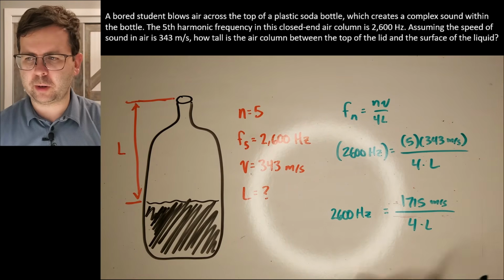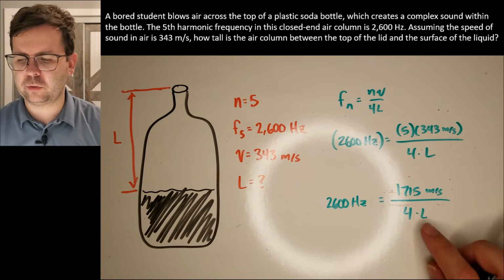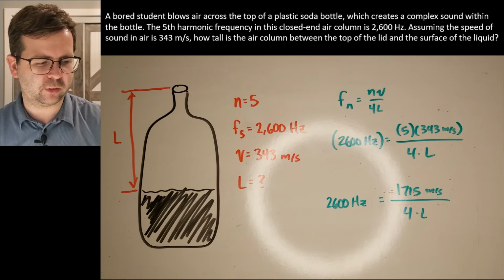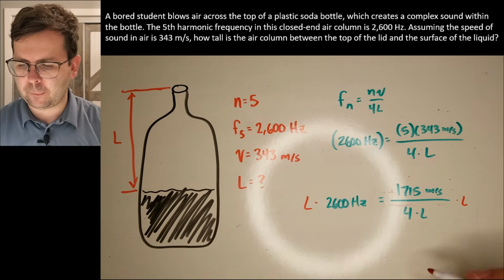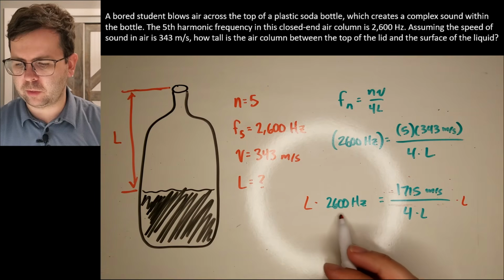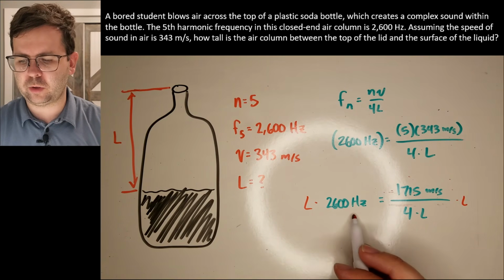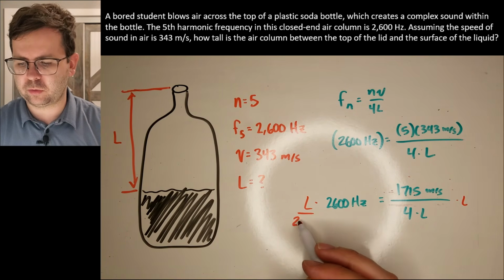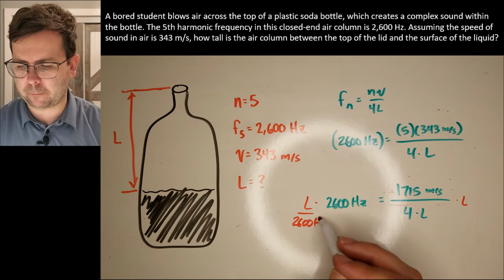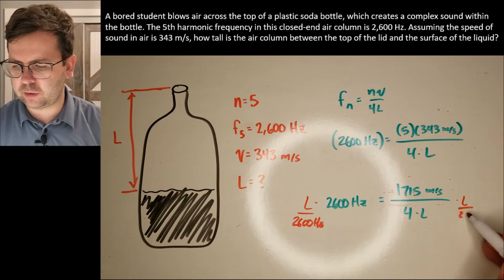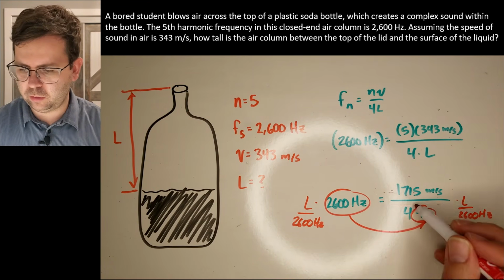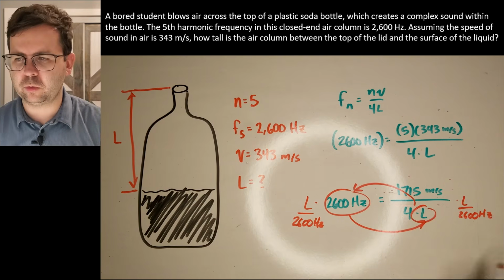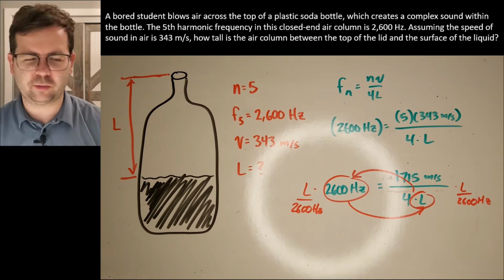Now to get this L out of the denominator, out of this fraction, I'm going to multiply both sides by L. And then I want to get rid of this 2600 over here, so I'm going to divide by 2600 hertz on both sides. What that essentially does is it swaps the place of this L with this 2600. This is my super secret math trick that I often do.